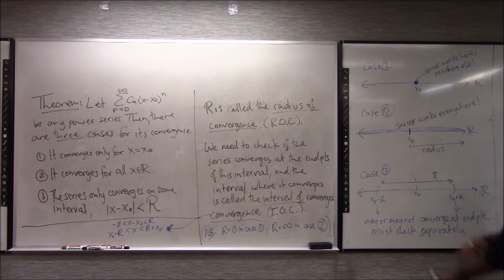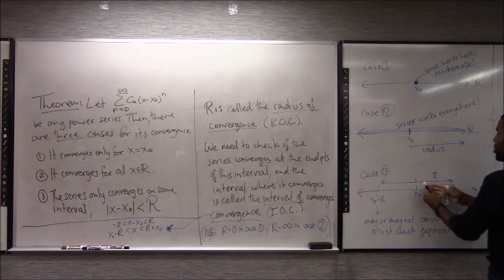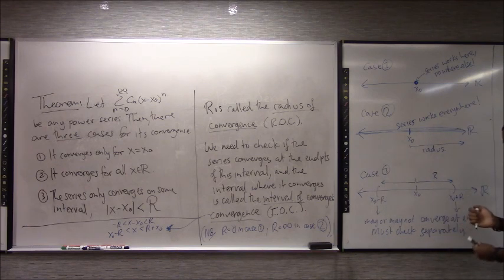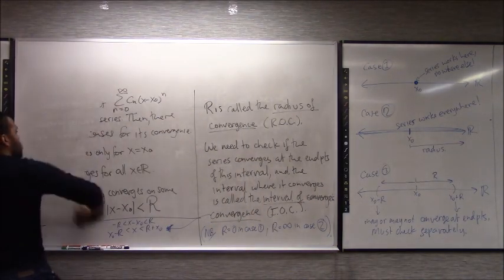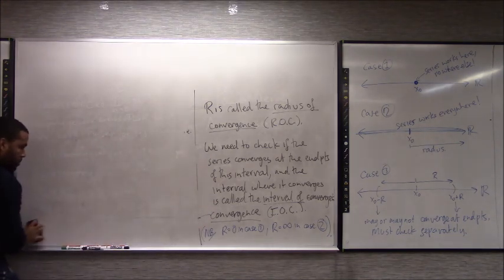The interval will either be of length 0, or length infinity, or length double this value. But at the actual endpoints, I don't know if it converges ahead of time. I have to actually do that check. So that's a very important theorem for a power series.